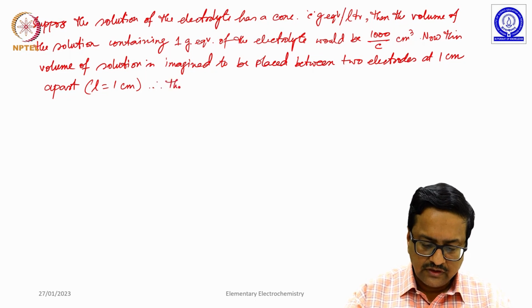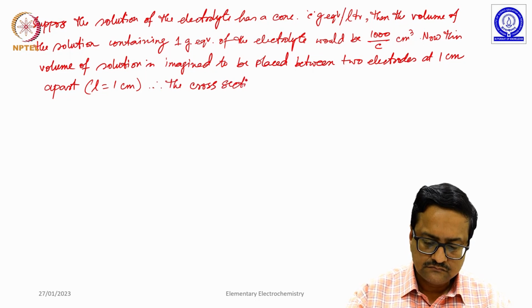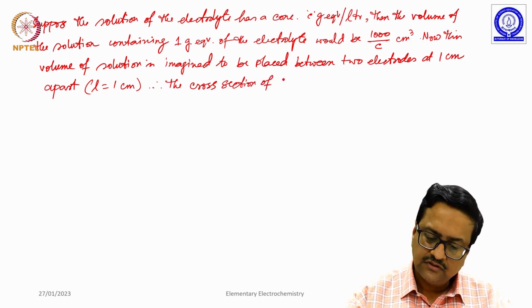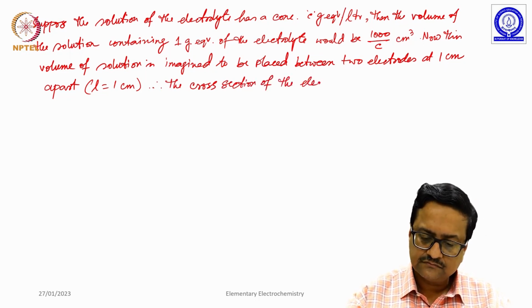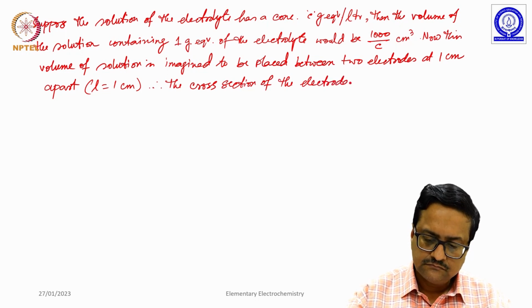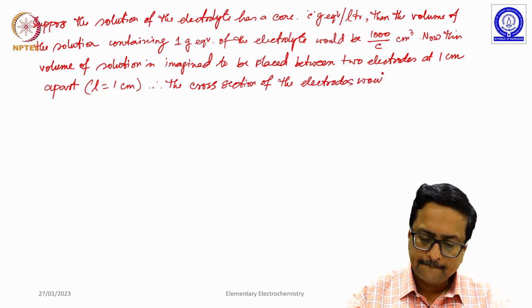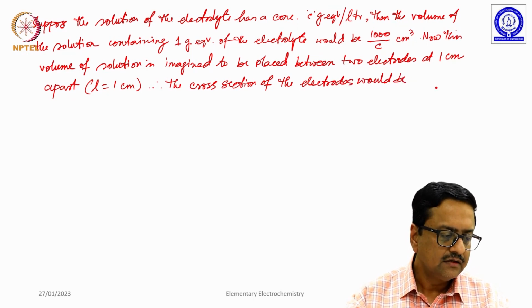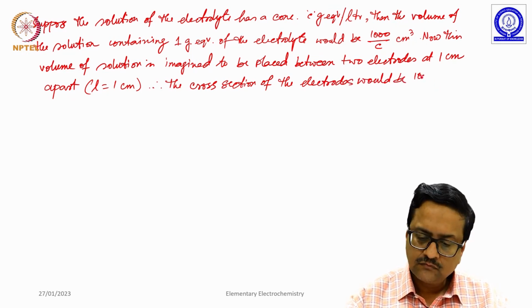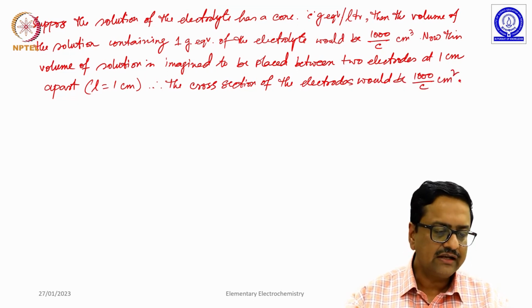Therefore, the cross section of the electrodes would be 1000 by C centimeter square.